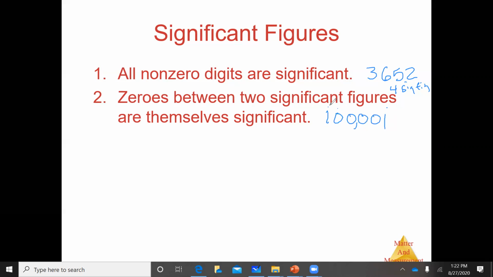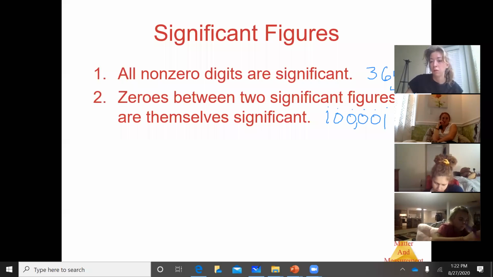You can't have something that's significant and precise, and then all of a sudden you drop off significance, and then you hop back on the significance train. It doesn't work that way. So every one of these would be significant. So I would say that this thing has 6 significant figures. Any questions on those first two rules? No. Okay.